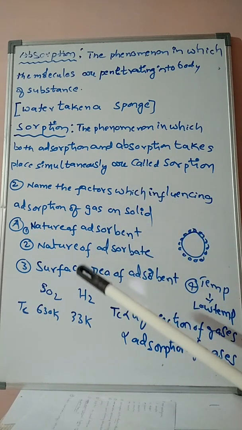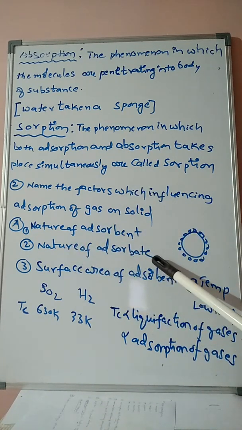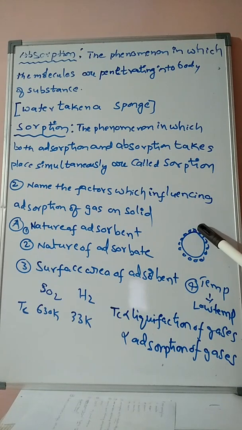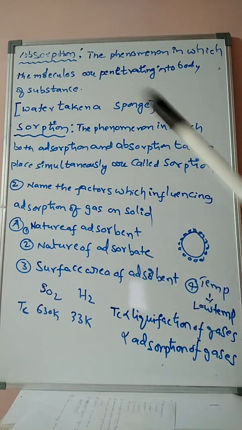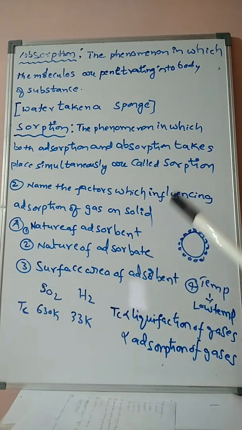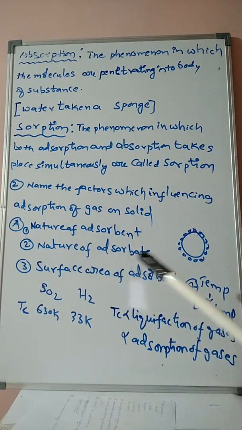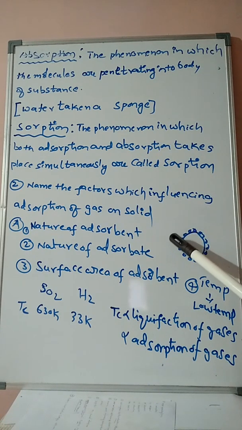That is nature of the adsorbent, students. Next, nature of adsorbate, that is the substance which is adsorbed on the surface of another substance. One important thing here, students: adsorbate molecules which are easily liquefiable are highly adsorbed on the surface of the adsorbent. Easily liquefiable gases are more adsorbed.